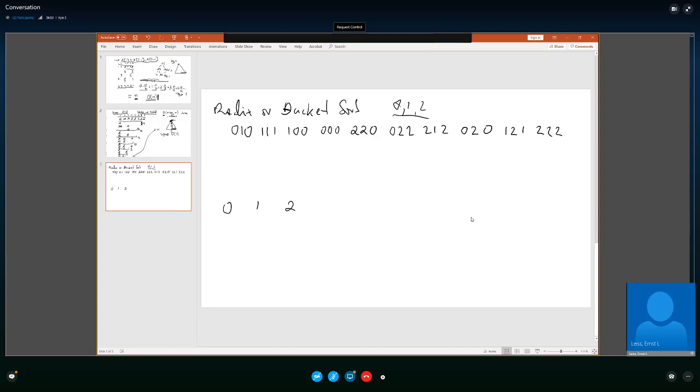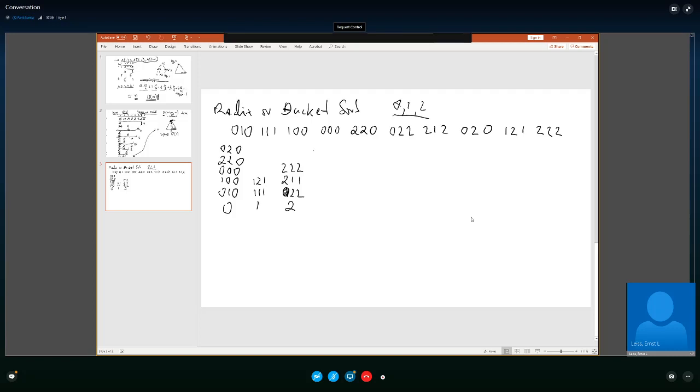So 010 obviously goes here, and 111 goes here, and 100 goes here, 000 goes here, 220 goes here, 022 goes here, and 212 goes here, and 020, and 121, and 222. So that was according to the last digit.